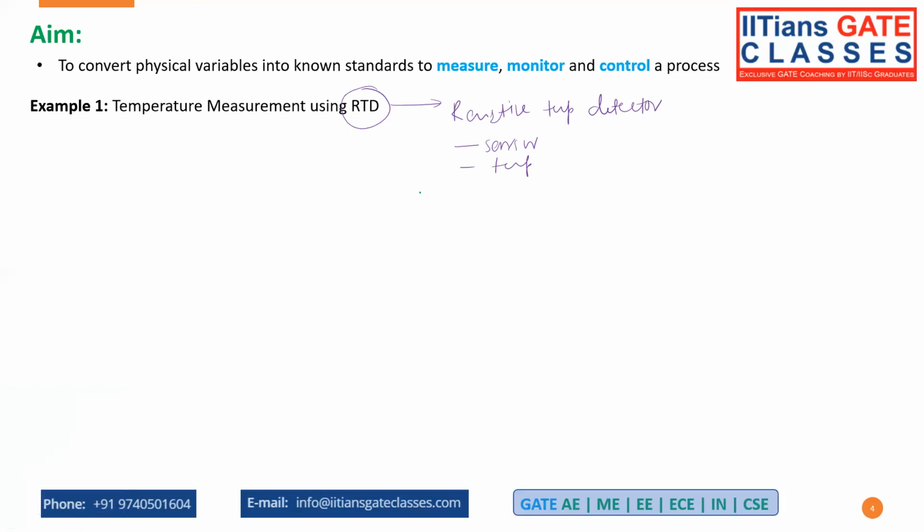The process here is going to be the temperature. This is going to be the process. And what is the sensor? The sensor here we have used is RTD. So we are going to see how the temperature measurement is done using RTD, and then we will fit this diagram into our basic block diagram of the instrumentation system. So let's take the sensor.